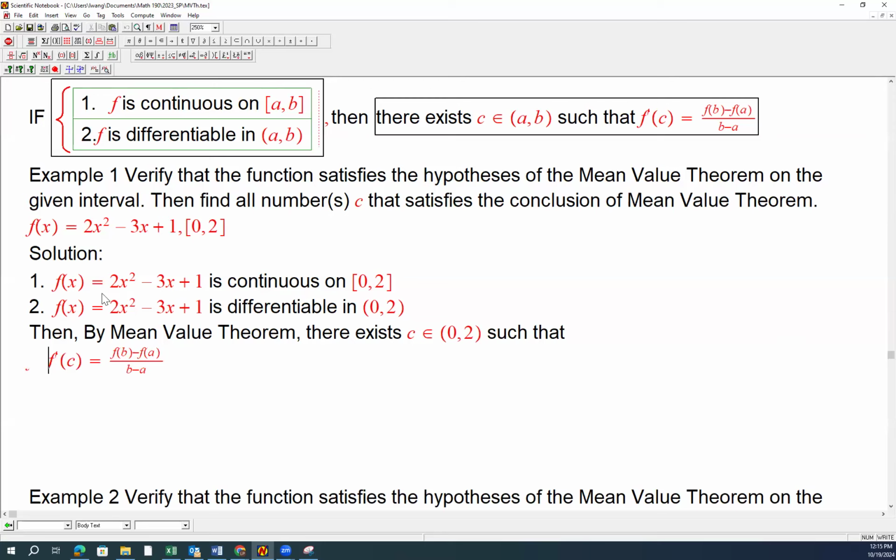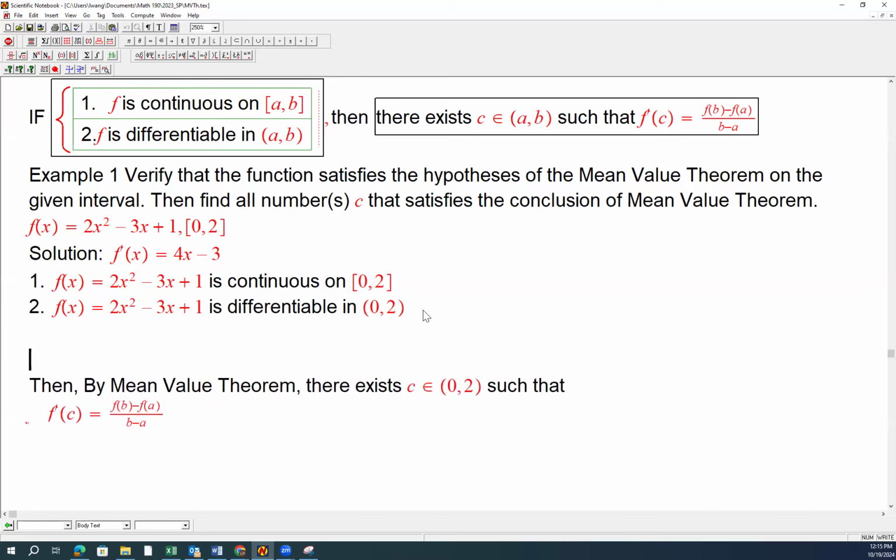First of all, we need to know the derivative. The derivative of this function would be 4x minus 3. And of course, we also need to find f(a) and f(b).